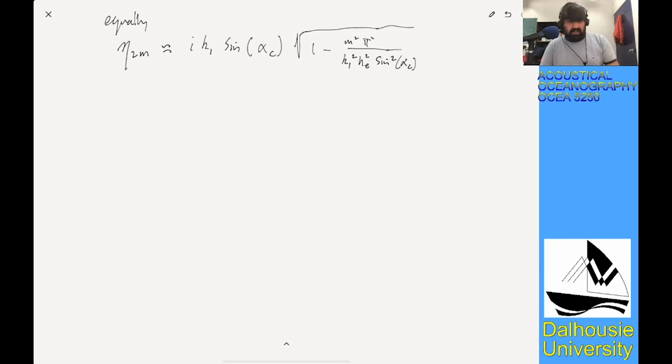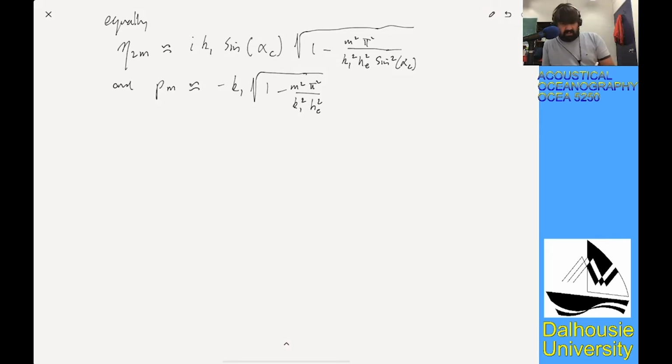Comes out of our relationship. And we can actually write a solution for PM, right? So these are all in terms of the effective depth. So what does this effective depth actually mean, right?